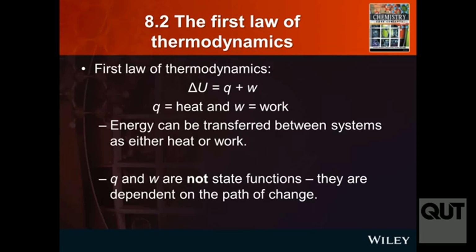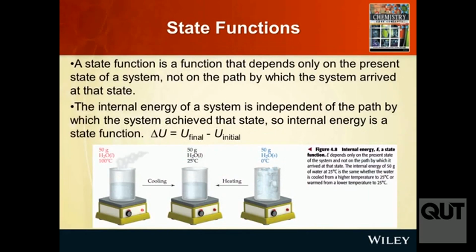Now we haven't really defined what a state function is, which I'm going to do on the next slide. But basically, a state function is a function that depends only on the present state of the system and not the path by which the system arrived in that state.